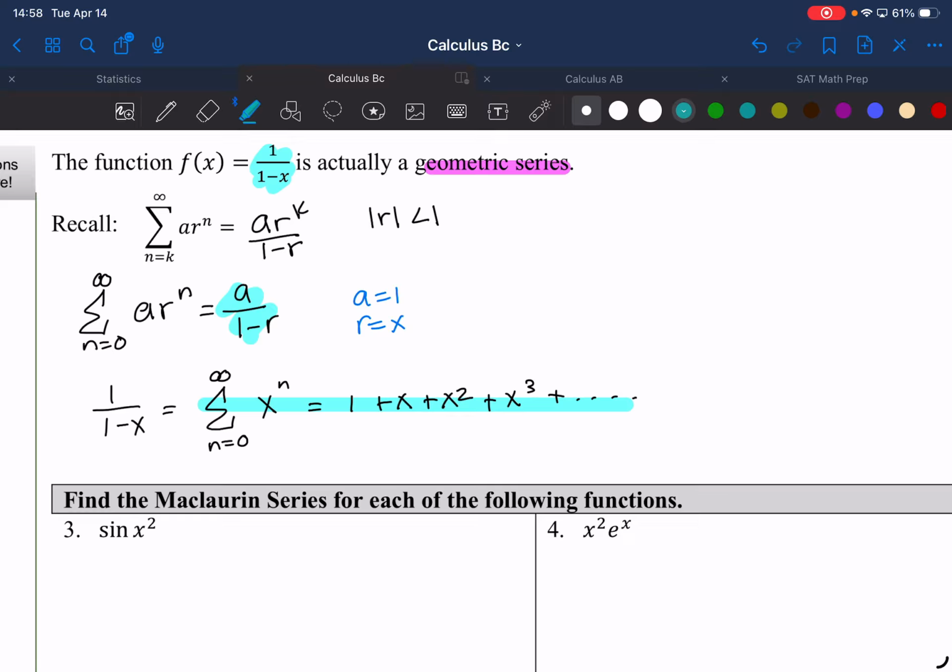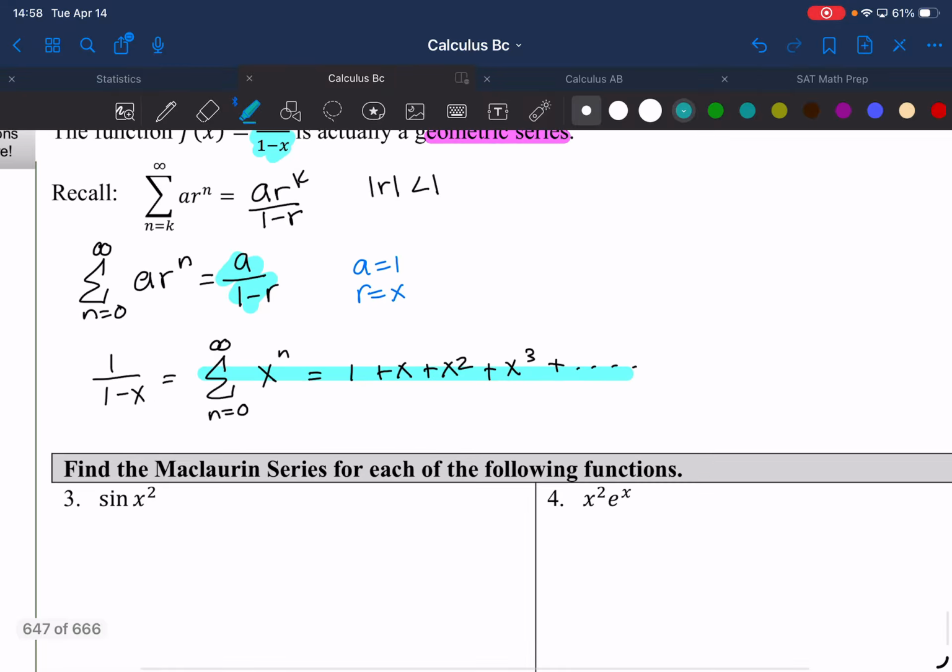sine x is equal to x minus x cubed over 3 factorial plus x to the 5th over 5 factorial minus x to the 7 over 7 factorial. Of course, this continues on forever. So if I already know sine, that means I can find sine of x squared by plugging in x squared anywhere I see an x.